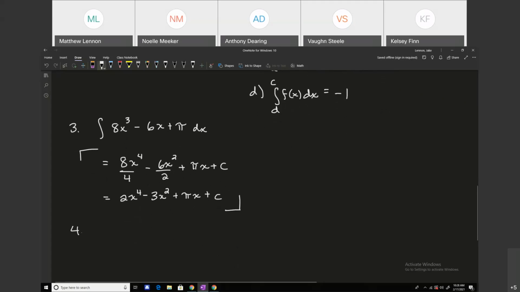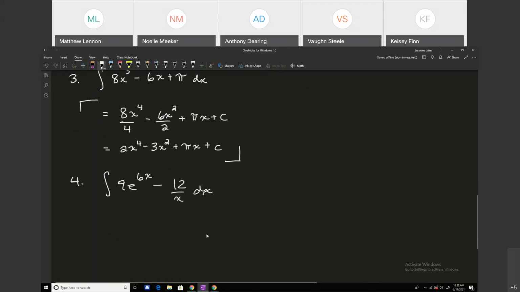Then maybe we have one that shows some of the exponential and other rules. Maybe we have the integral of, let's make it a little more complicated, say 9e to the 6x minus 12 over x. For this one, we're just splitting them up into the two different parts.